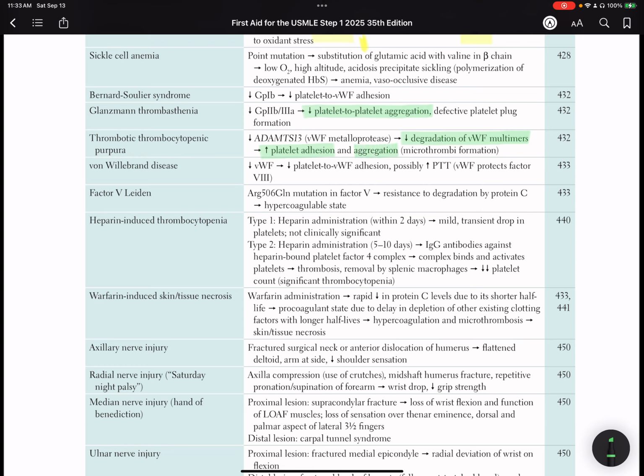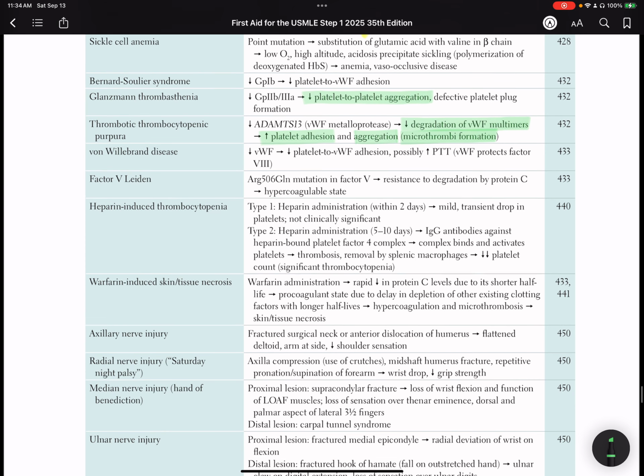Eventually, you see microthrombi formation.